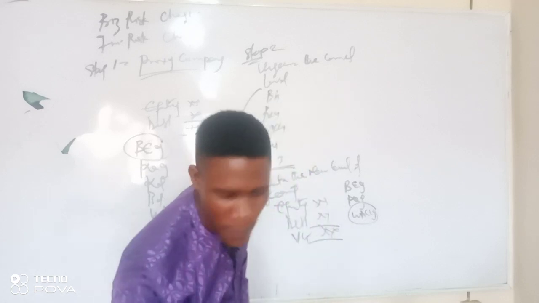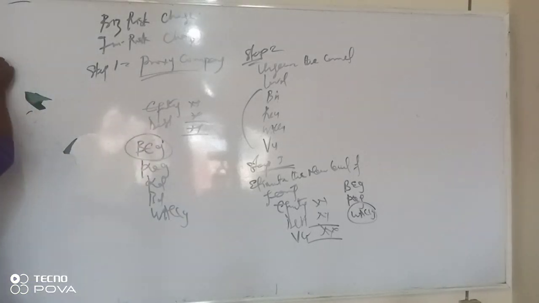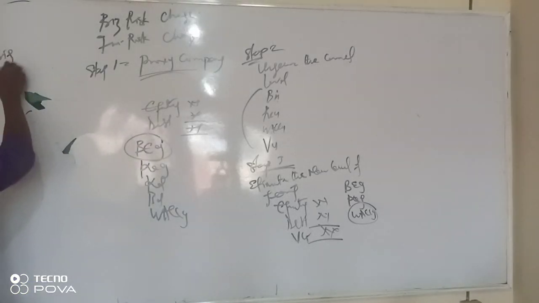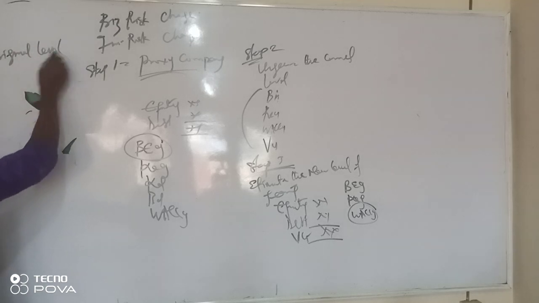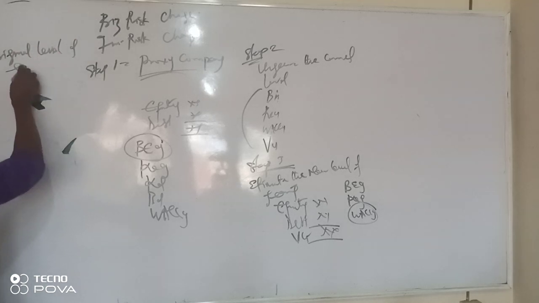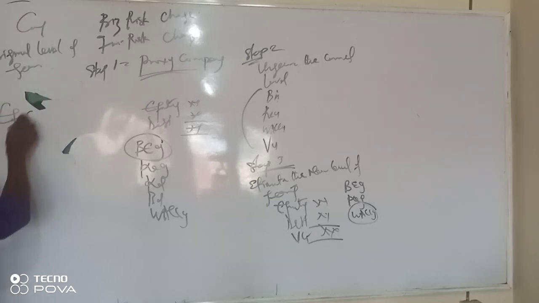The information is that they will give us the original level of gearing. For the company itself, they will give us the equity and its debts.